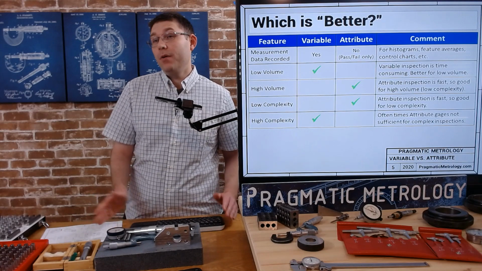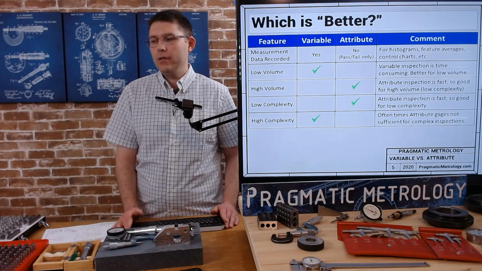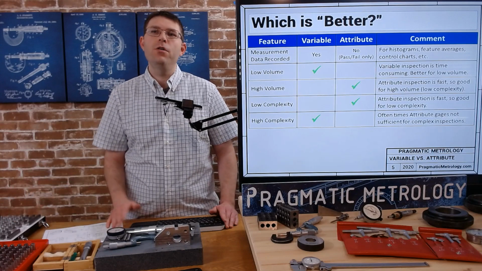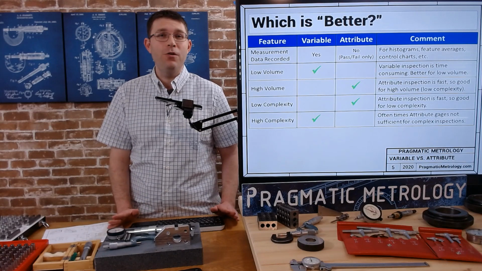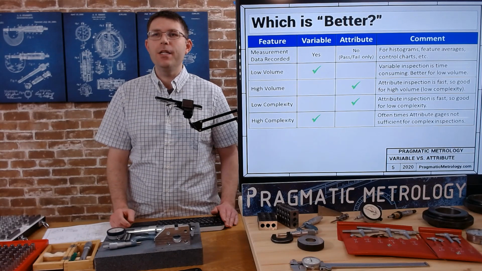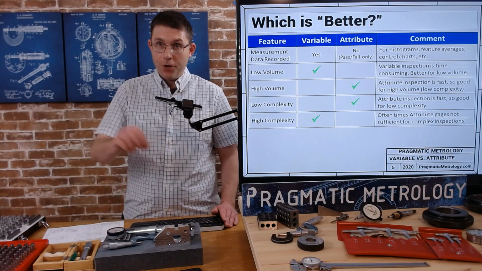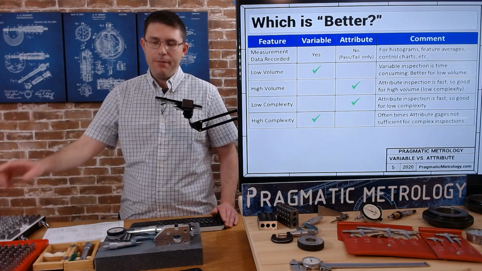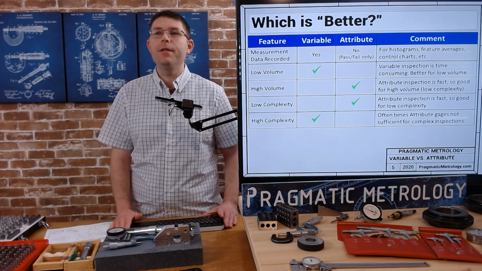But if you had to do a lot of parts, hundreds or thousands, maybe you're doing 100% checks in a high volume situation, well, then it's going to make more sense to get your go/no-go gauges set up. Like I said, you can kind of almost do this with your eyes closed, which I don't recommend. But it's go, it's no-go, and you just move on from there. So that's great for high volume stuff because you can do all your goes left to right, you can do all your no-goes left to right, pull out the ones that failed that inspection, and move on.